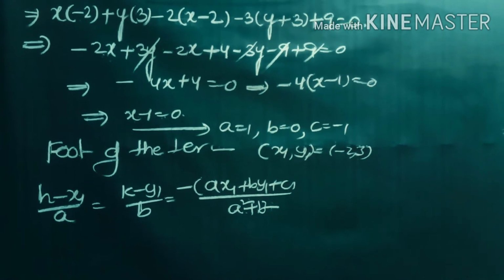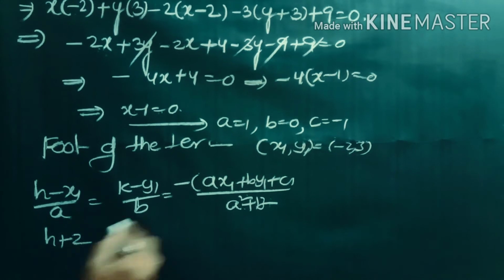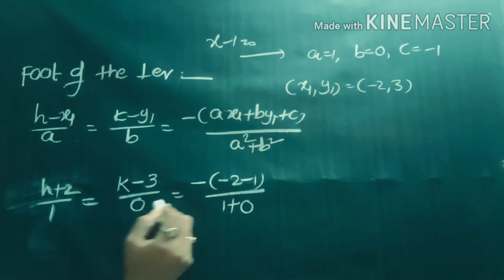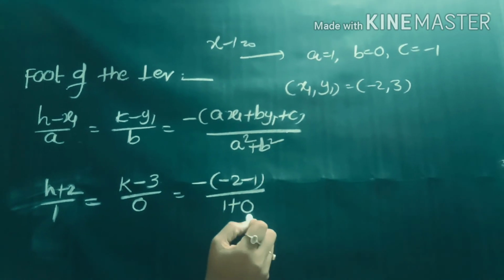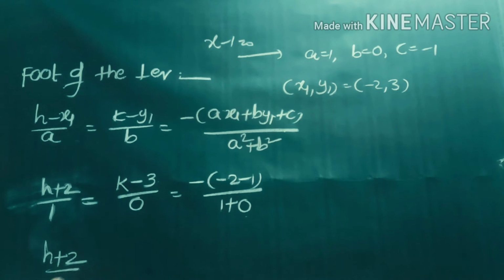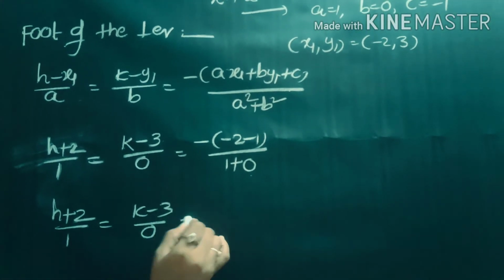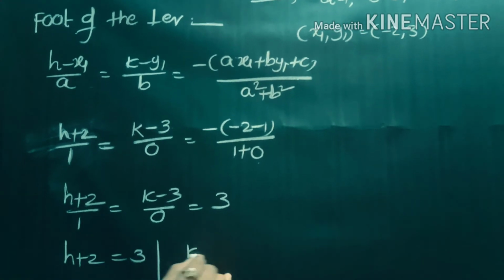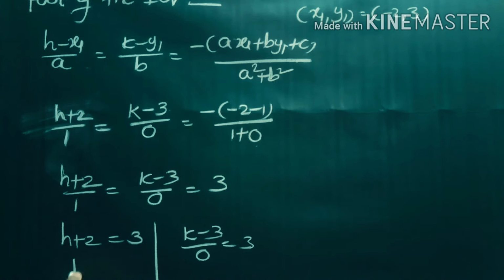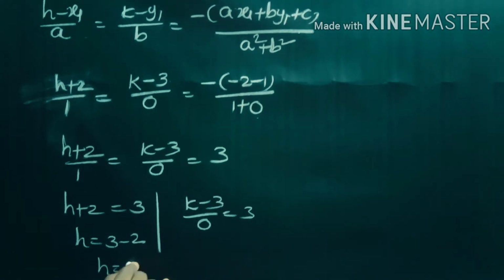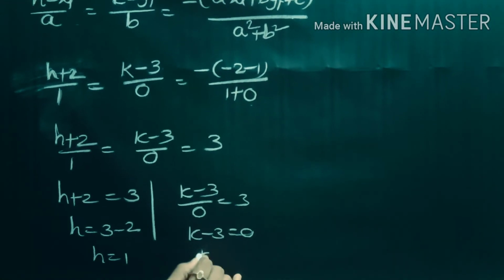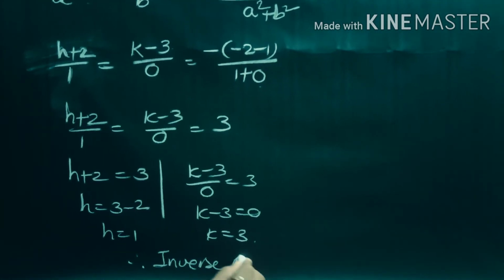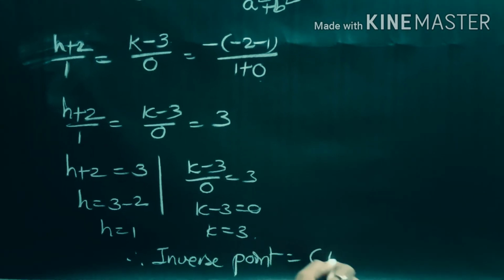Substituting these values: (h plus 2) by 1 equals (k minus 3) by 0 equals minus of (minus 2 minus 1) by (1 plus 0), that is minus of minus 3, that is 3. So h plus 2 is equal to 3 and (k minus 3) by 0 is equal to 3. Then h is equal to 3 minus 2, that is 1, and k minus 3 is equal to 0, then k is equal to 3. Therefore, the inverse point is (1, 3). That's all.